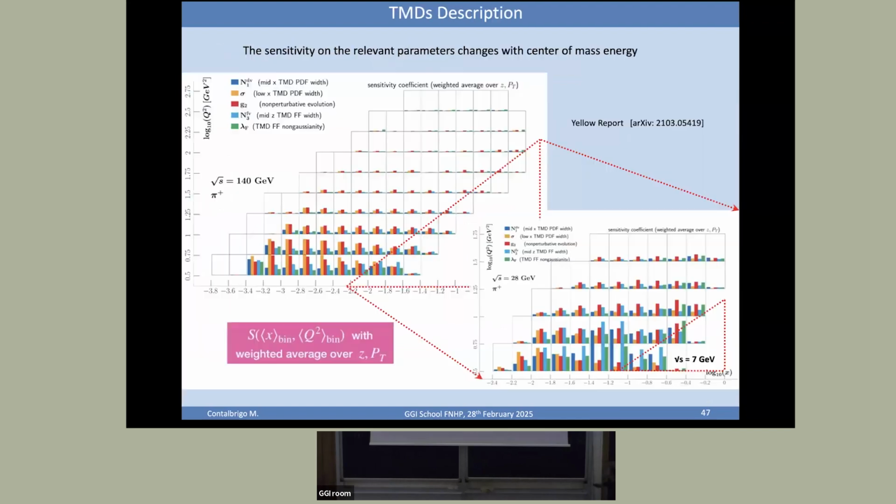Indeed, there was a study done that tried to understand, for example, when you do a phenomenological fit, you have parameters there. It tried to understand which bins or regions in your phase space are more sensitive to these parameters, the ones that people are using right now. And you see that for EIC, the sensitivity is there in the sea.